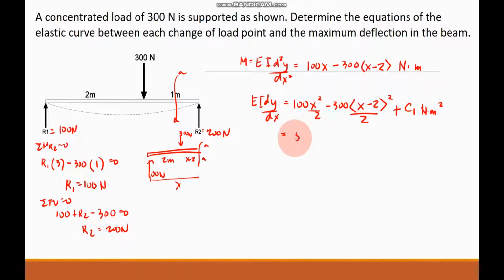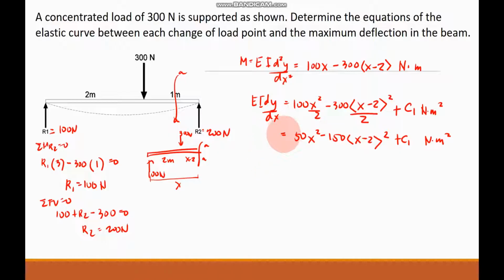Simplify, so we have 50 x squared minus 150 (x minus 2) squared plus C1. So this is our slope equation.